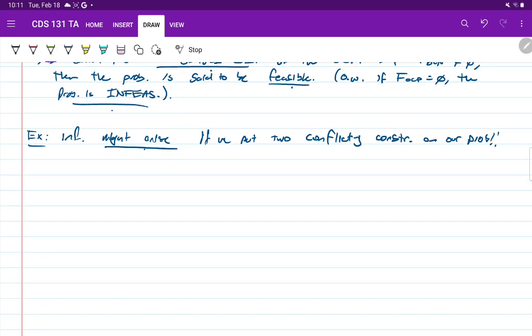Now I want to talk about what it means to actually solve this optimal control problem. So what is a solution to an optimal control problem? Well, when we mention this word solution, there's a couple of different things that could come to mind, right? First, we could have the value of the infimum.